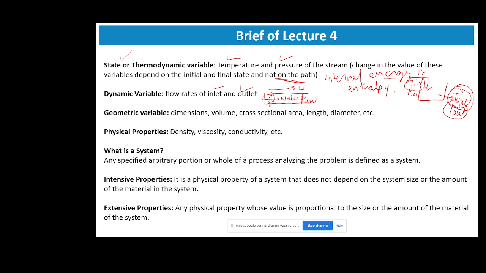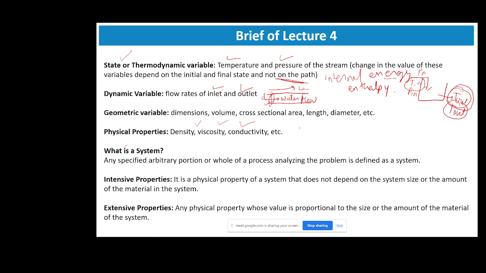Another is the physical property. Physical properties are the properties which we tend to measure of any material, substance, or chemical species, which we are able to measure externally without changing the state or the form of the chemical.